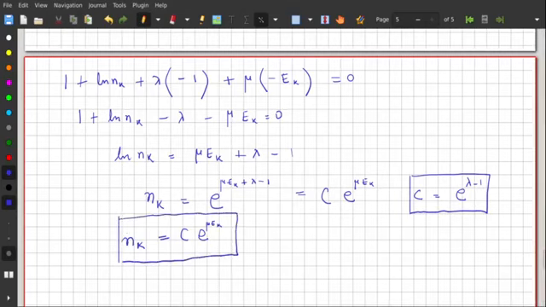This distribution is very important in statistical mechanics, so important that it has a name: it is known as the Boltzmann distribution.